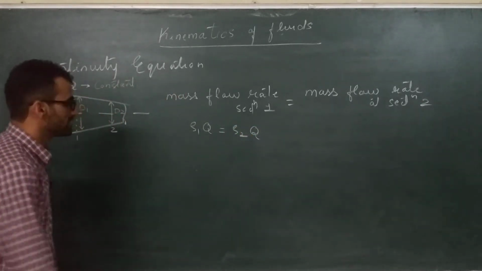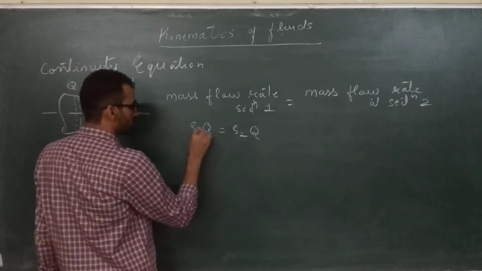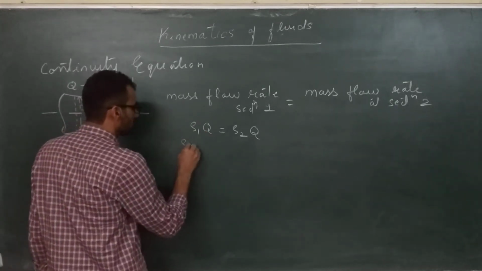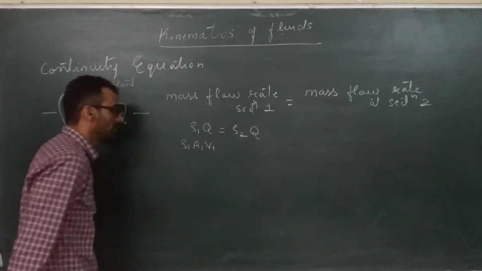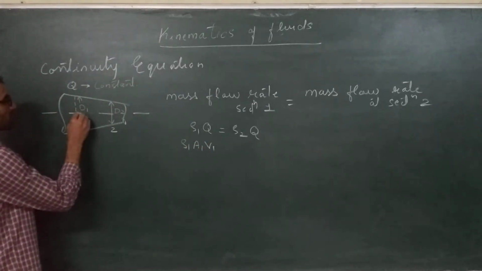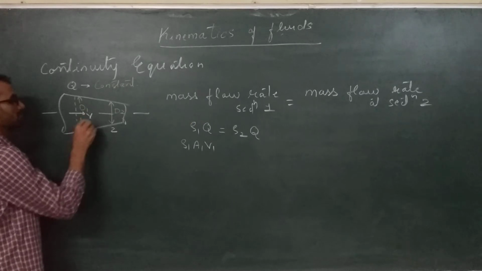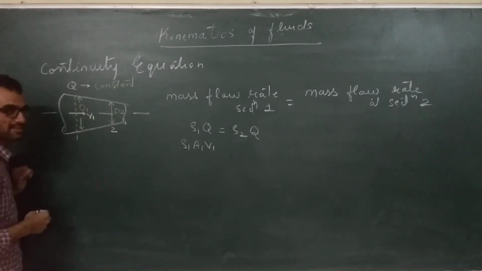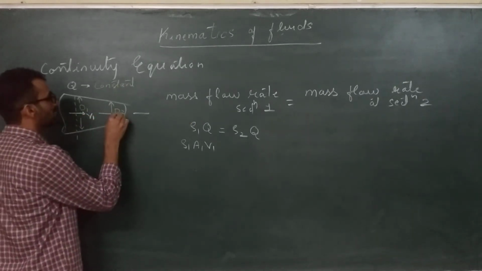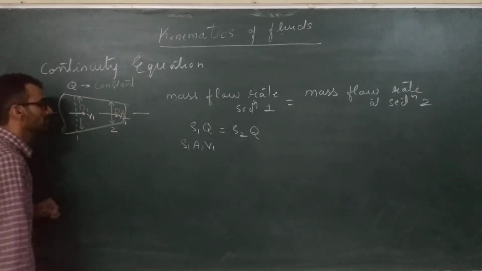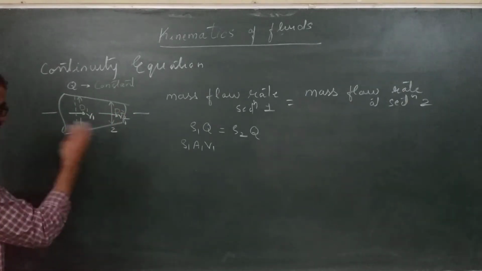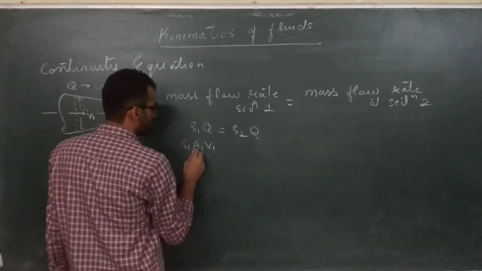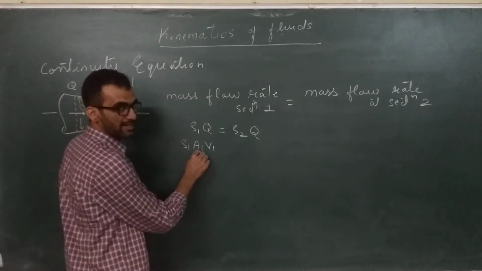Alright, Q is the volume flow rate. Now this volume flow rate can be written as, we have this rho 1, we have this A1 into V1. Here the velocity would be, of course, V1, some average velocity of this section, and here the average velocity would be some V2. Alright, and V1 and V2 will not be same. Why? Because A1 and A2 are different.